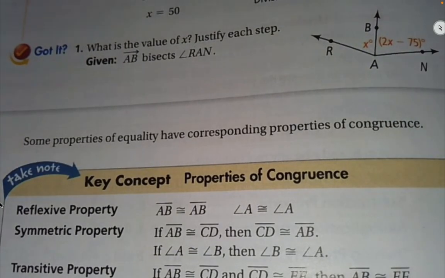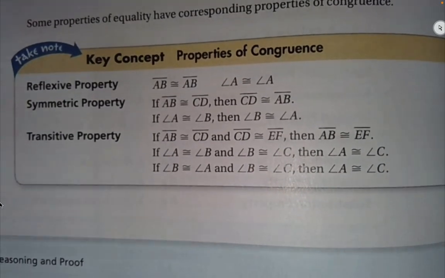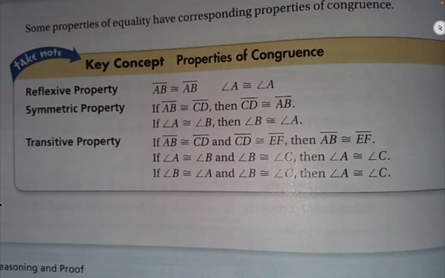Next one. You might want to look at these properties. I went over reflexive, symmetric, and transitive yesterday, but this is more with segments and angles. If you just rename it, you're just saying that they're congruent. This squiggly line is congruent.